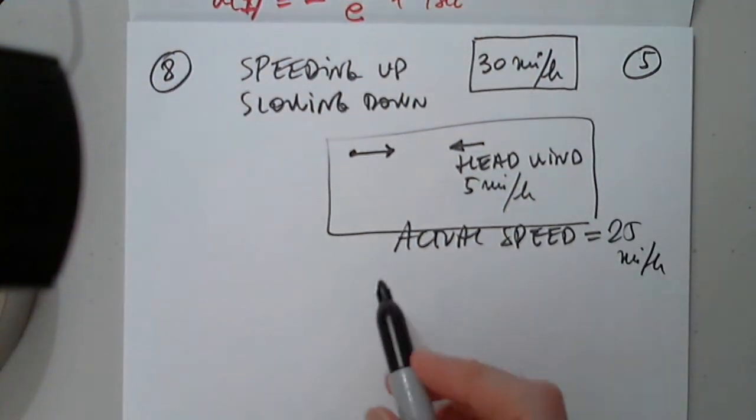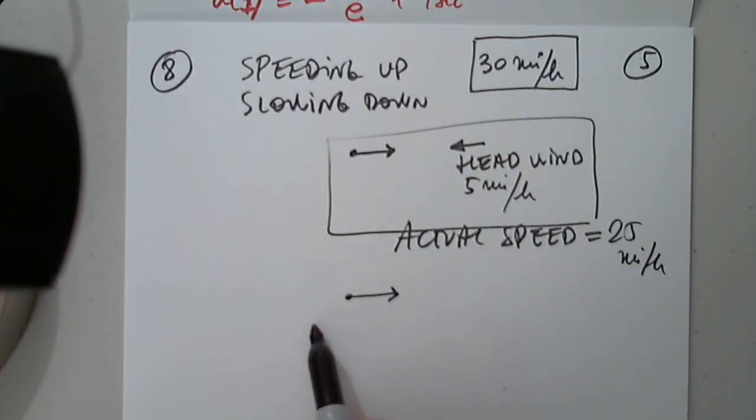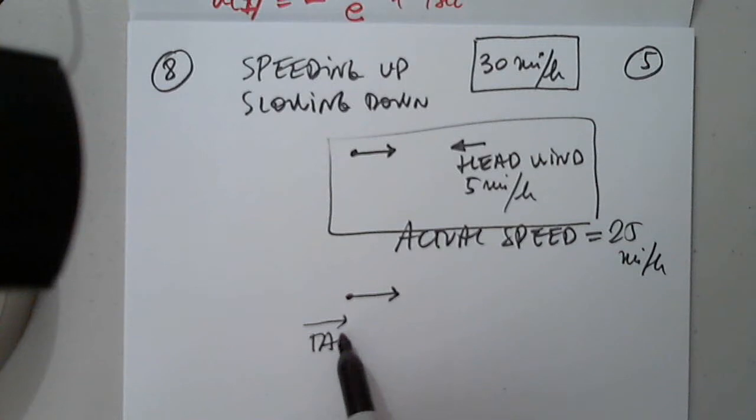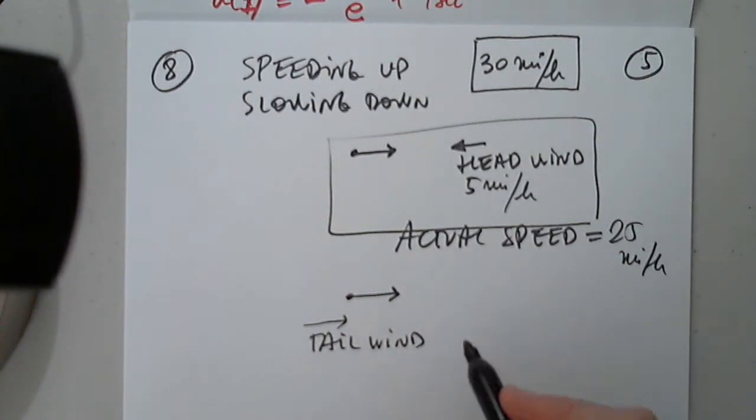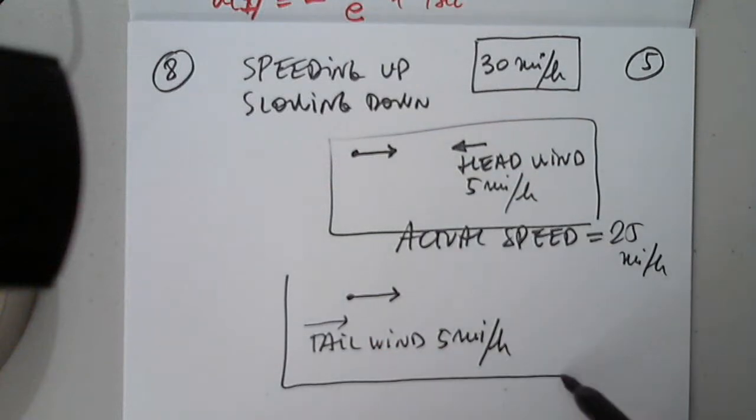Here's a different scenario. We're going in this direction, but this time you have a tailwind of 5 miles an hour. What is your actual speed now?